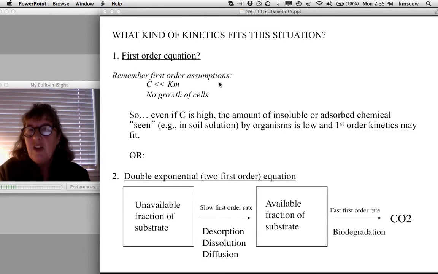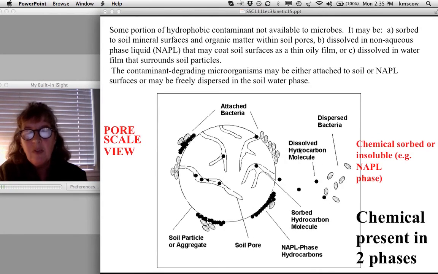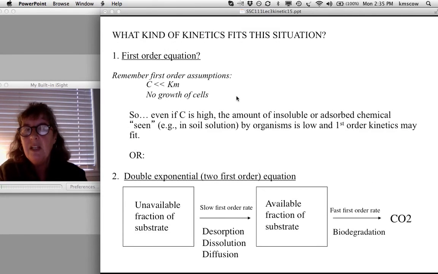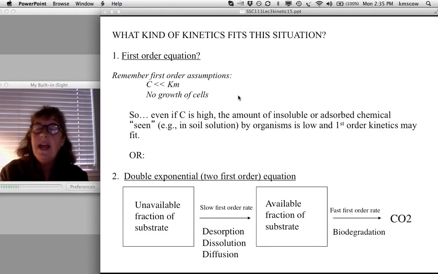And here you can think of a situation where maybe, let's call it a hydrocarbon. That's the example that we've got here. That hydrocarbon may actually be in the soil at a pretty high concentration. It may be like a spill situation, but actually first order doesn't do a bad job of describing it, because the concentration of that hydrocarbon that the microorganisms see is actually really, really low because they're only seeing the dissolved phase.